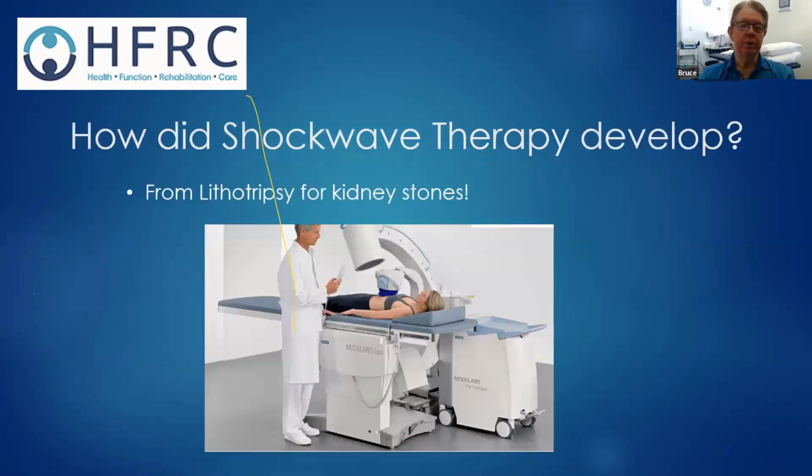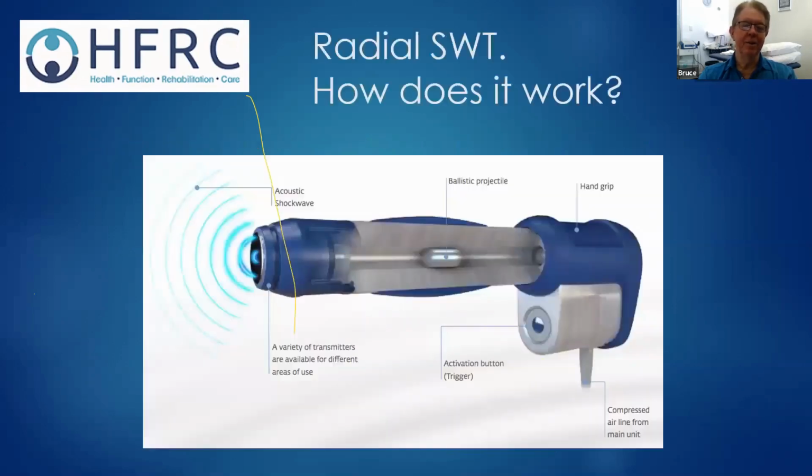And where did it start from? Well, it actually started from using lithotripsy to break up kidney stones. But our machine that we use is nothing like you're seeing here on this slide. We use a handheld device, and using compressed air, it fires a little projectile down the barrel, which hits the inside of the applicator head and creates a little shock wave out of the face, which penetrates deep into the tissues.